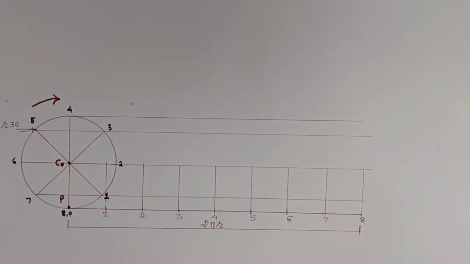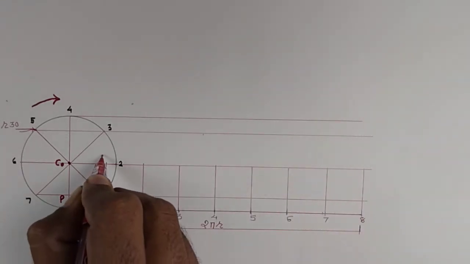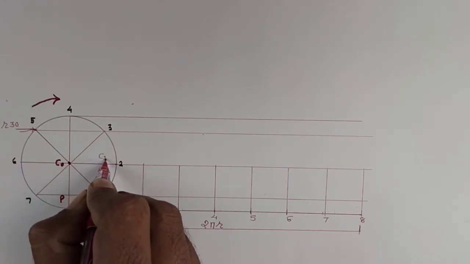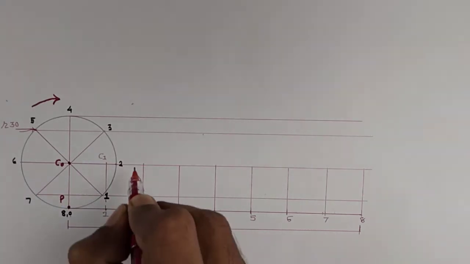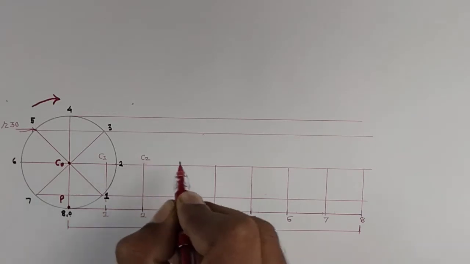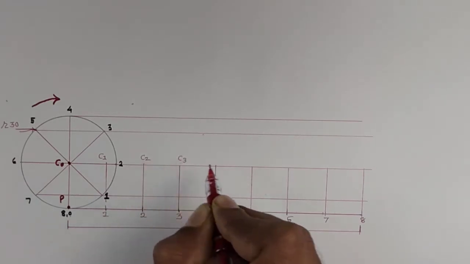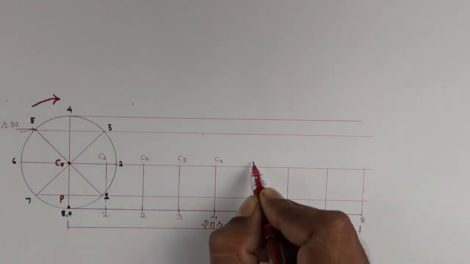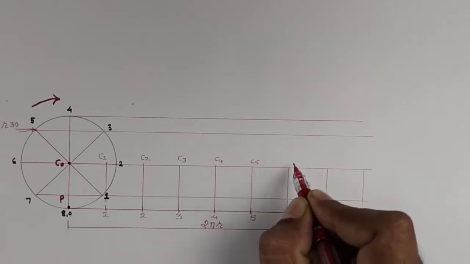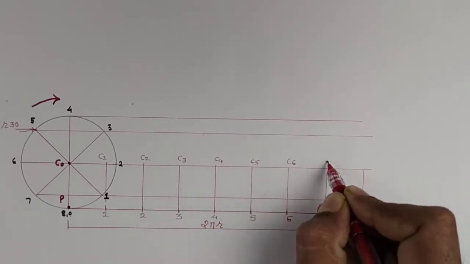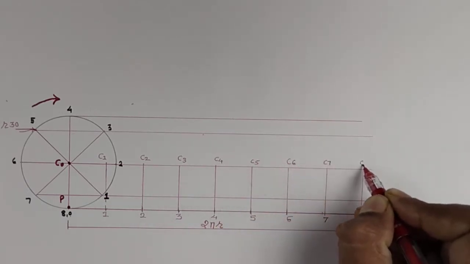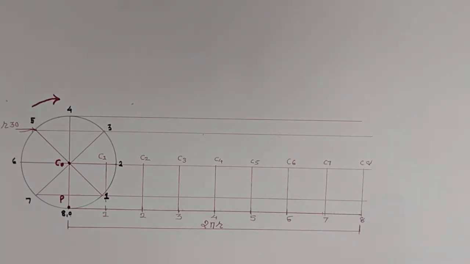So it is our 8 different centers C1, C2, C3, C4, C5, C6, C7, C8 for all the positions of the rolling circle.